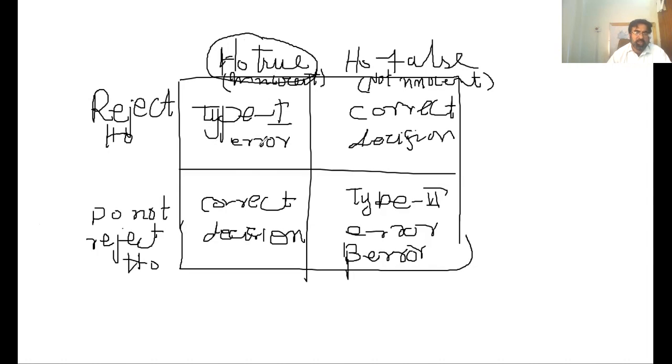You give a medication to the whole population and it does not work in the whole population, but it may change the pulse rate, decrease or increase, in the sample. So in this case, if the null hypothesis is rejected when it is really true, you are committing a type 1 error.